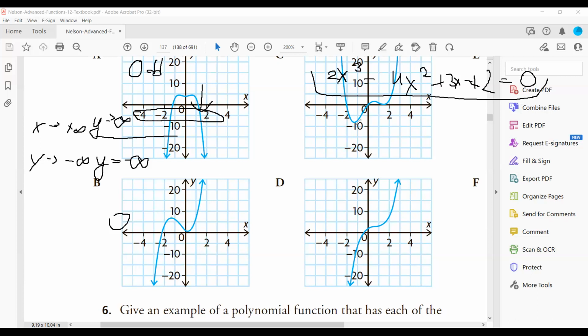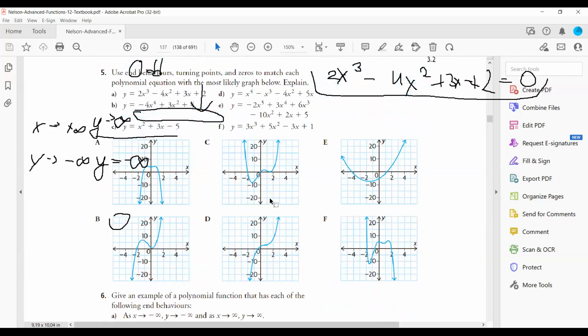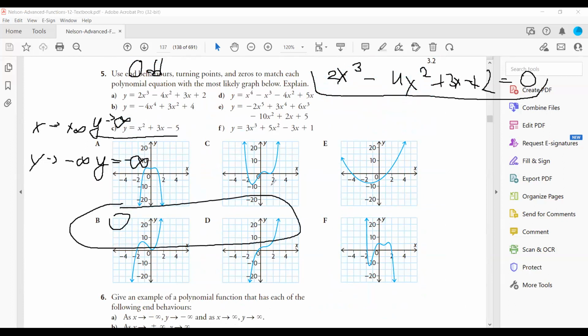And what can we do in this case? We can compare whether the function will increase or decrease at a certain interval, okay? So to compare these two functions, we already know that one of these two graphs will help us. Let's take a look at the graph in this particular range where one graph is obviously decreasing, right?